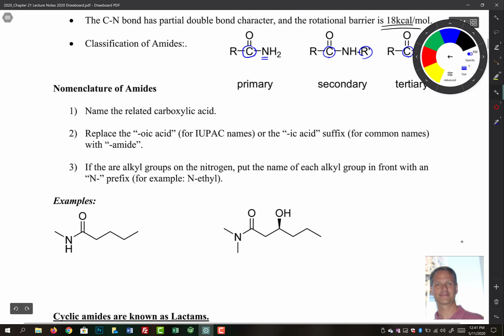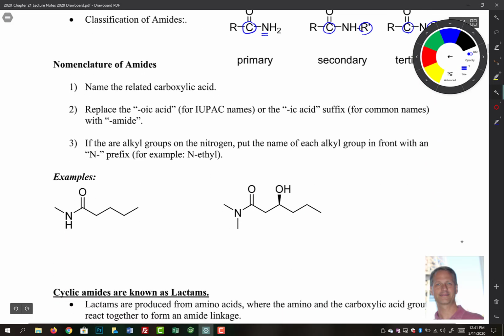Now, to name these, what we have to do is name the related carboxylic acid, and then replace the ic acid part with amide. If we have R groups sticking off of our nitrogen, then they're N-substituted. So down here below we have 1, 2, 3, 4, 5. So this would be pentanoic acid, but remember we said we're going to drop this oic part, and then add amide.